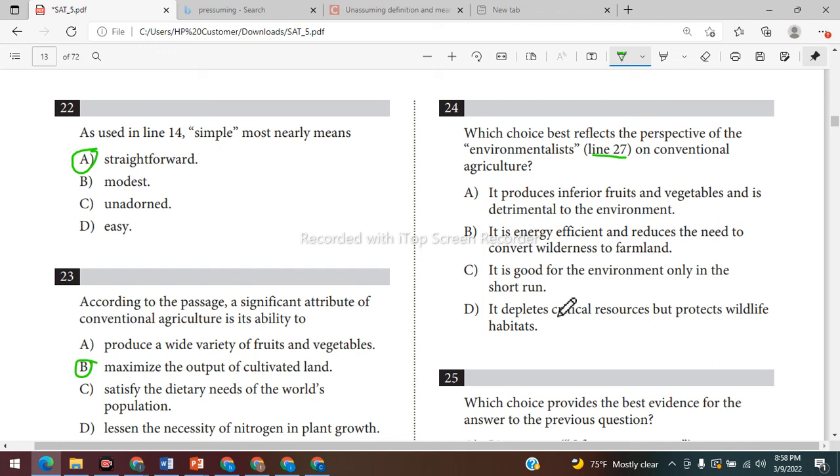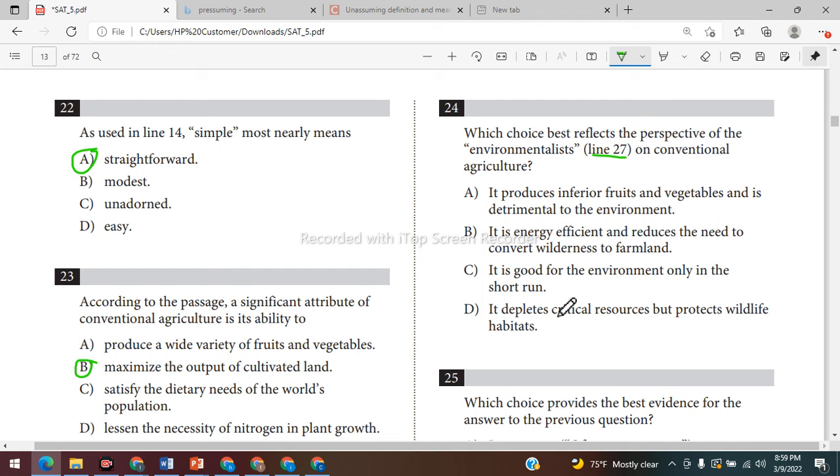I think A or C because it's saying it's good for the environment. Remember, they said environmentalists believe that organic food is healthier and tastier, right? Inferior means bad. So if they believe organic food is healthier and tastier, that means they believe it is better, or superior, than conventional agriculture.